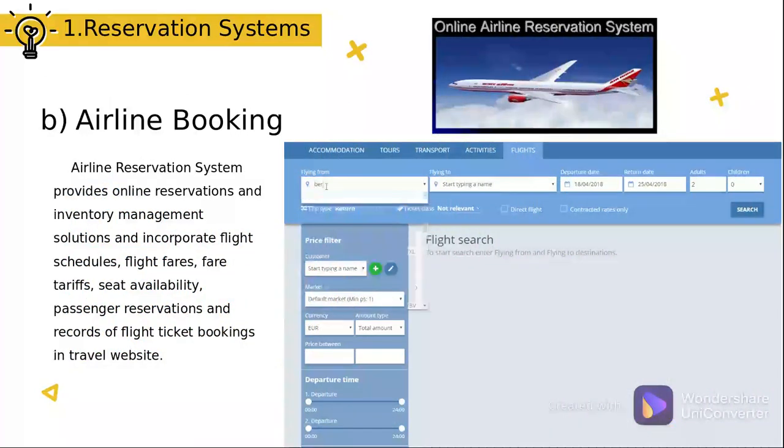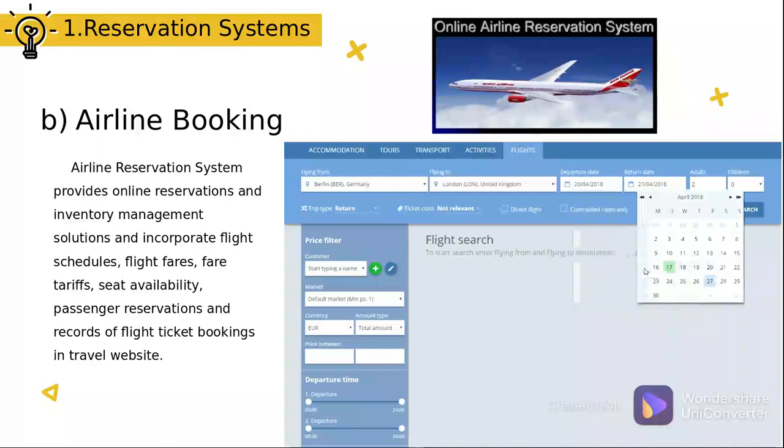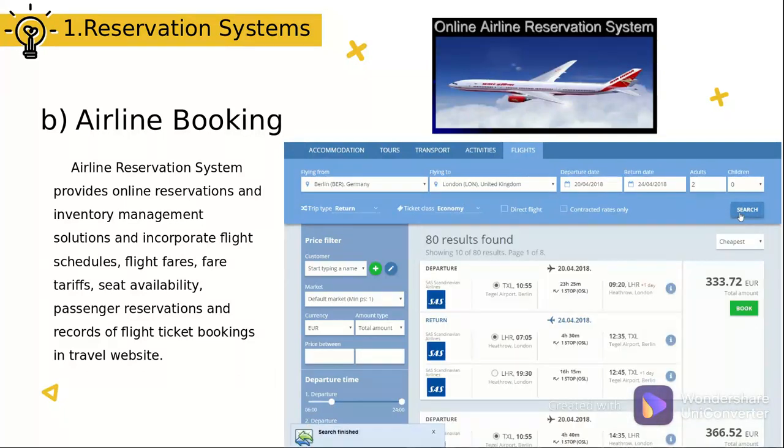Let's talk about airline booking or airline reservation. On the screen here you can see a snapshot of a software that a customer uses to book an airline. An airline reservation system, or what we call the ARS, is a system, or they are systems, that allow an airline to sell their inventory.